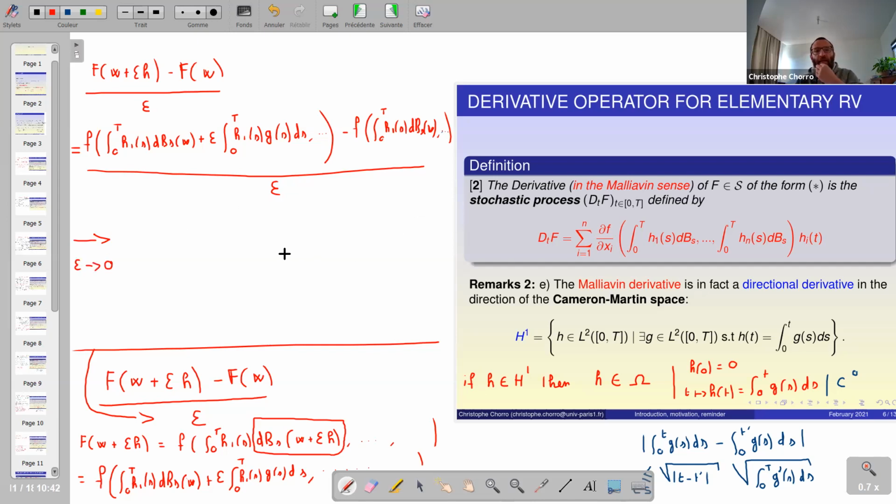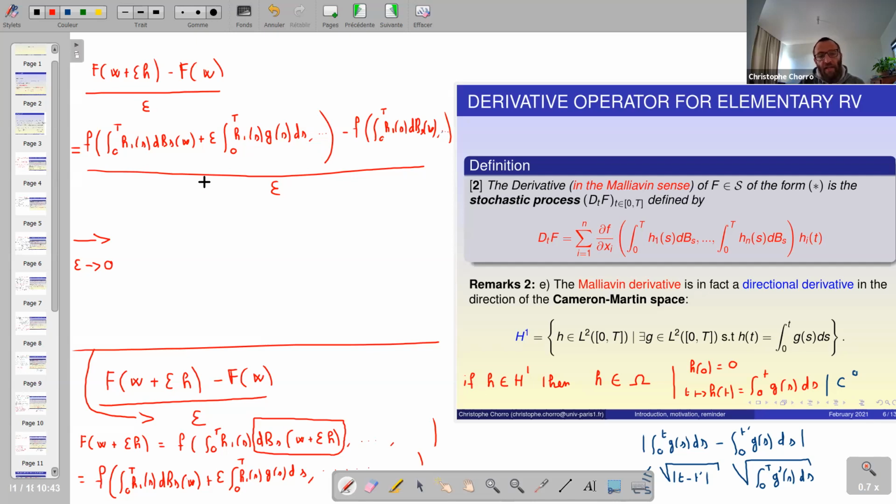But here, I have something that is just a mapping from R into R. I know that small f inside is differentiable. I have epsilon in the n components. So if I compute this limit, it's just the computation of a classical derivative of a mapping depending on n variables. So when epsilon goes to 0, using the differentiation of compound mappings, I can prove the limit of this term.